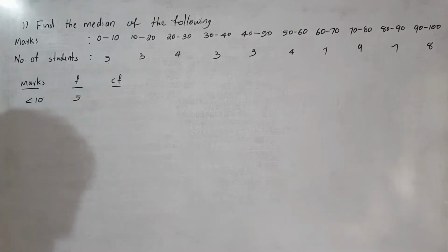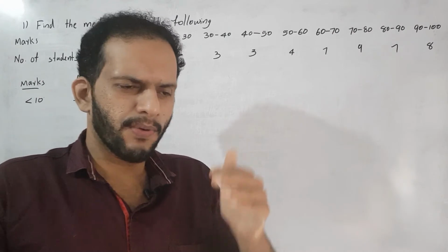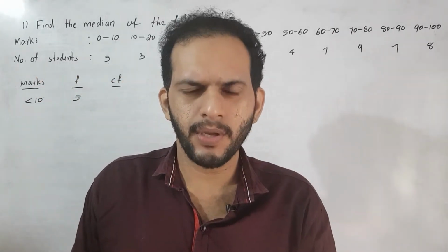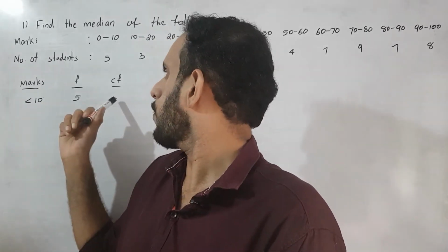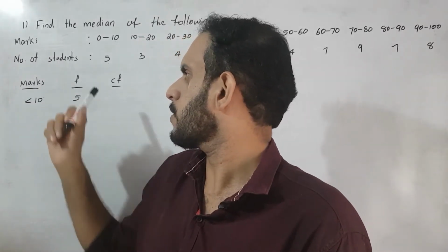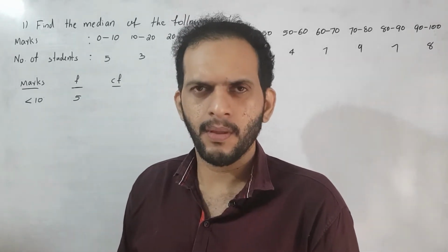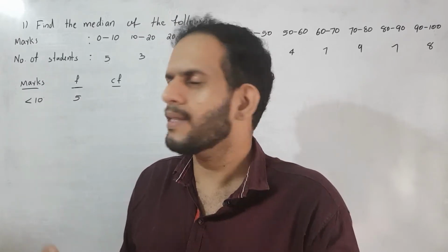Then what is Cf? Cf is the successive addition of the frequency. But here we do not have any frequency before this. So it is not possible to add anything to 5.